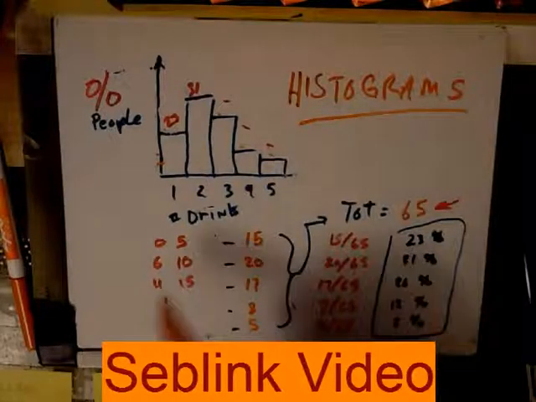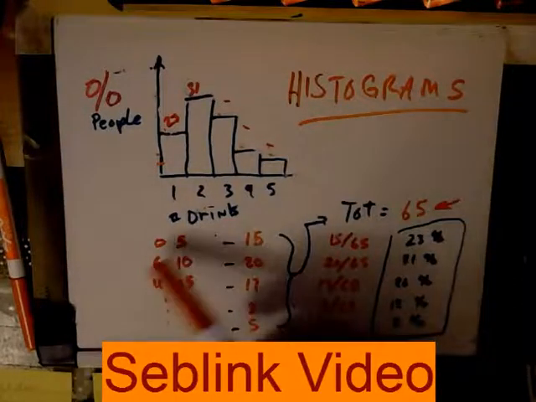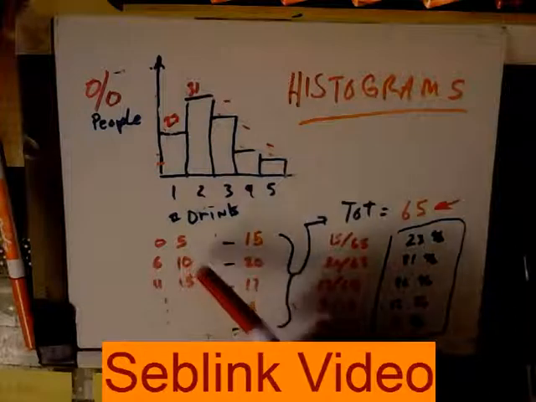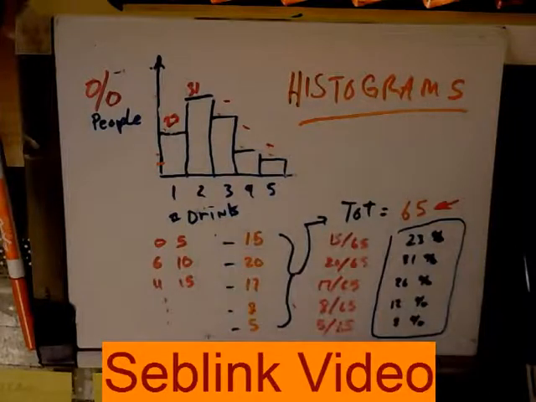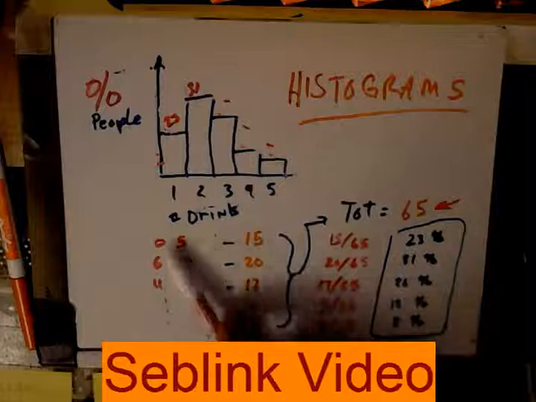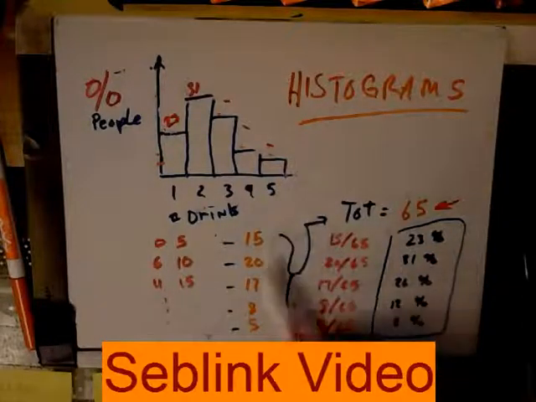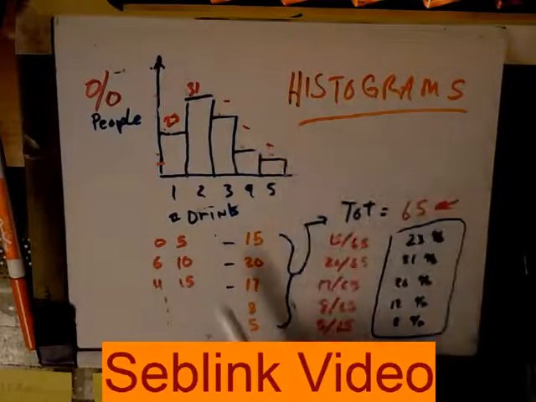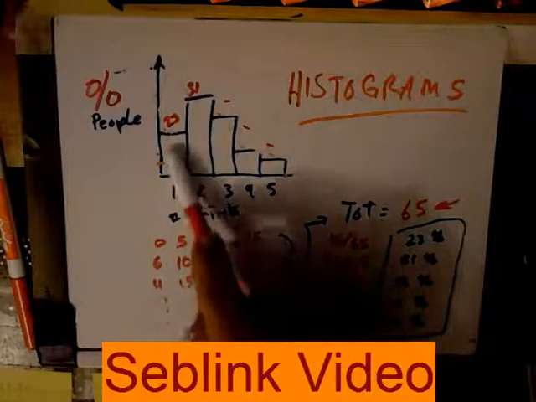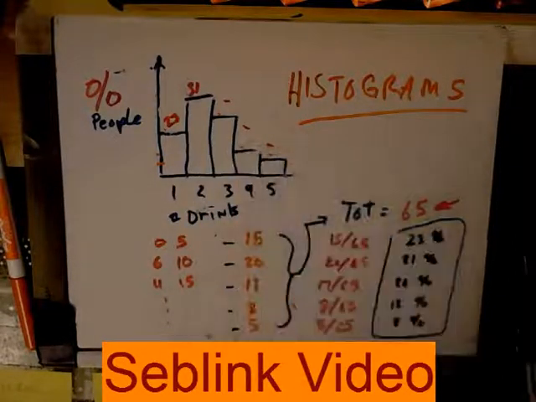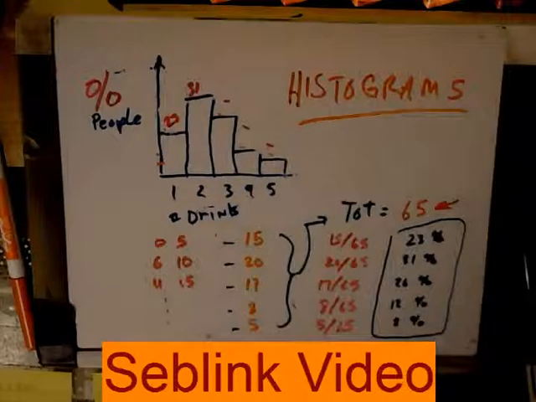They could be 0 to 500, 501 to 1,000, whatever. And then you'd have this many people that fell in that category. Percent-wise, the columns wouldn't change, but certainly the value of any particular individual would be different.